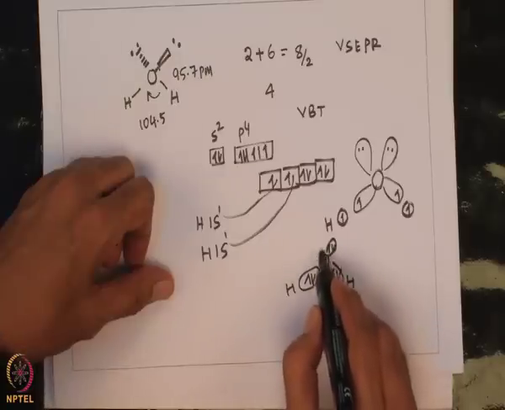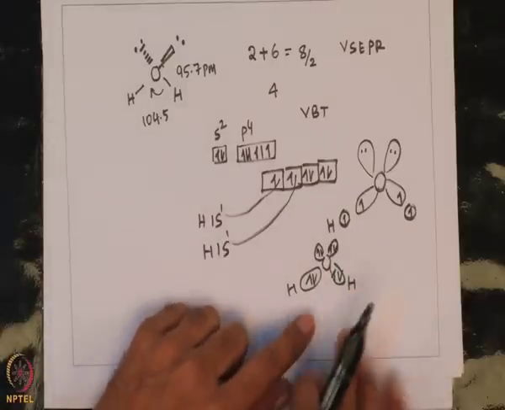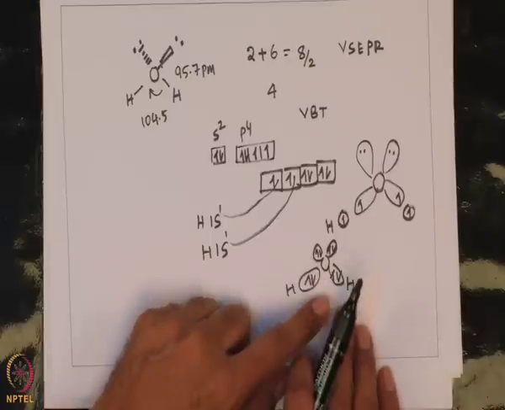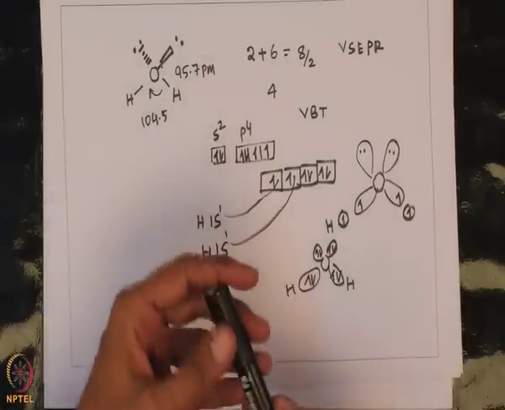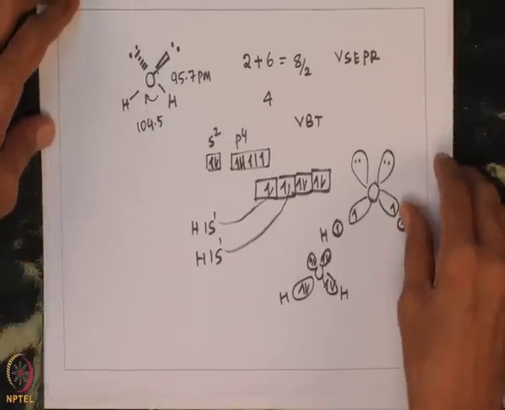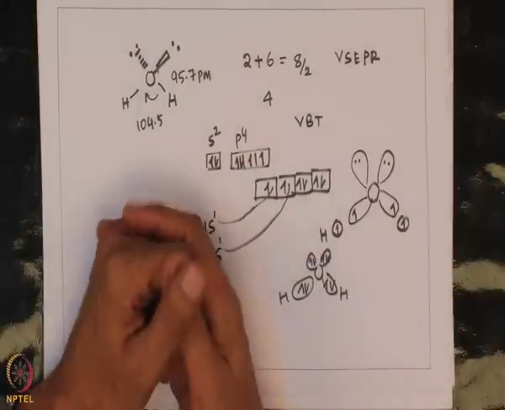Because of this kind of arrangement of 8 electrons, 2 in the bonded pairs and 2 as lone pairs, water has a V shape. And this is how one can explain the bonding in the water molecule using both VSEPR theory as well as the valence bond concept.